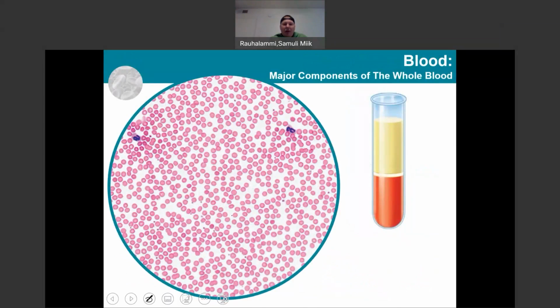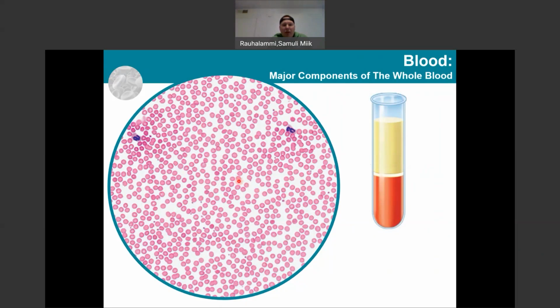Here we have the same components that we saw earlier in this test tube that I have still left on the right-hand side of the screen, but they're spread apart on a microscopic glass slide, so you can see all of them in a microscopic view. What we'll see is that the red blood cells, these nice rounded circles that seem to be a little thinner in the middle, these discs, they form about half of what we can see in this field of view.